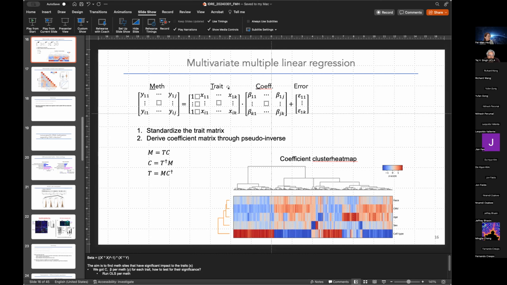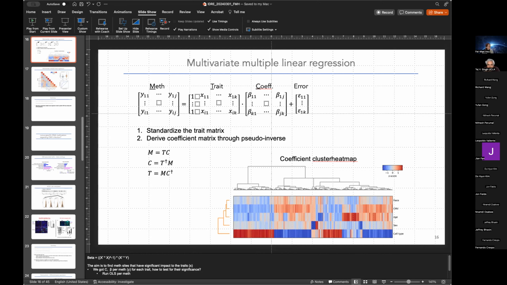I guess the trait is the outcome and methylation is on the right-hand side, so you just interchange the M and T matrices. That is, the multivariate model adjusts for the correlation between the traits. I guess in this field, this is the convention. This is how you model.